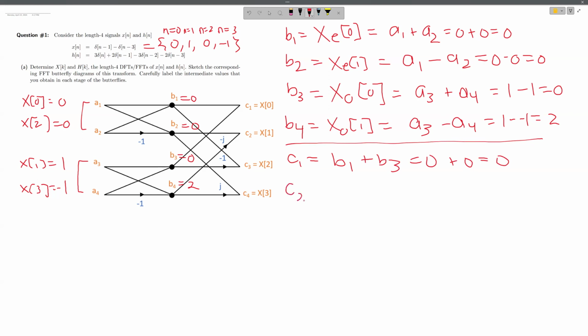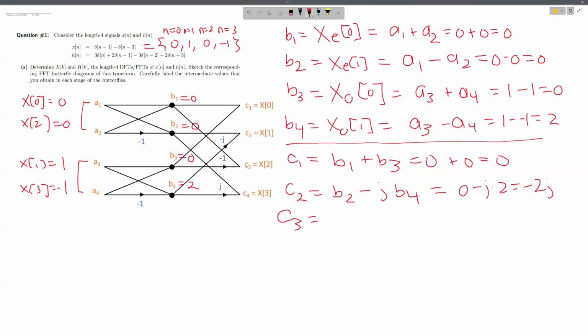Next, C2: I'm going to follow this trail in the middle. It gets B2 and this diagonal term, minus J times B4. That's going to be B2, which was 0, minus J times 2, equals -2J.